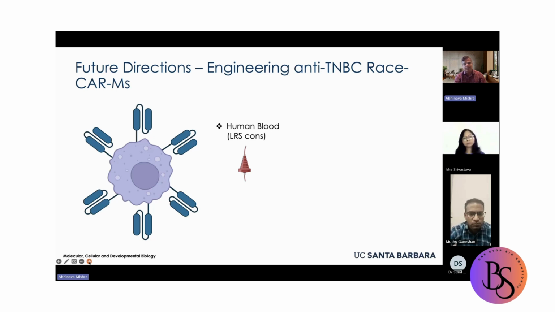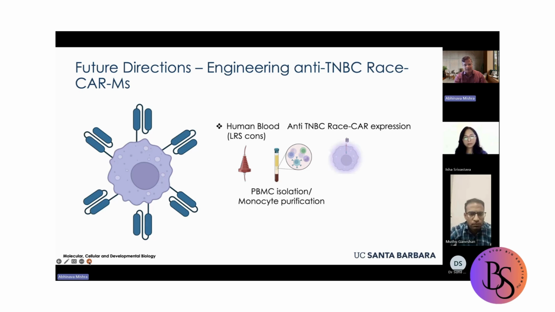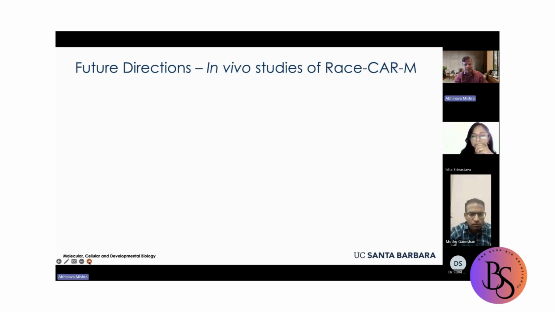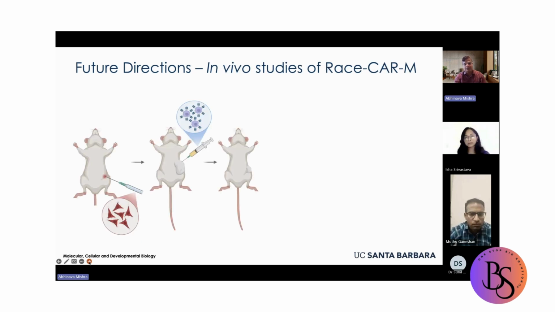harvest blood from patients, isolate the peripheral blood monocytes, and then differentiate them into macrophages. We express an entire TNBC CAR and the RAC together, and we co-culture them first in our egg model, and then eventually in the xenograft tumor model in mice, where we can inject tumor cells that form a tumor.